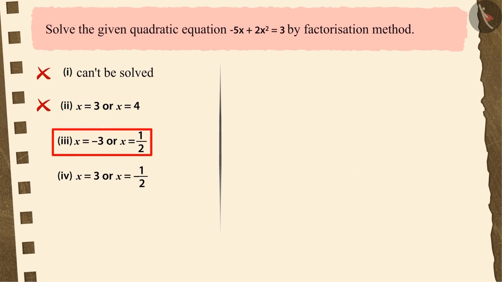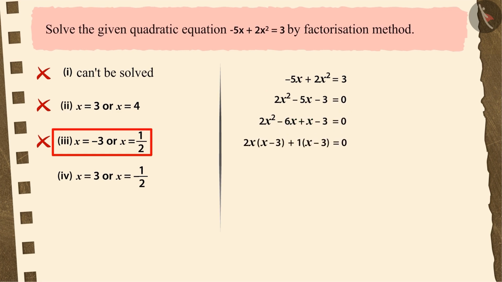If you selected option 3, then it is a nice try. But this is also an incorrect answer because you learned in the last video that to solve a quadratic equation by factorization, it is important for the equation to be in its general form. You wrote the quadratic equation in its general form and split the middle term of the equation.